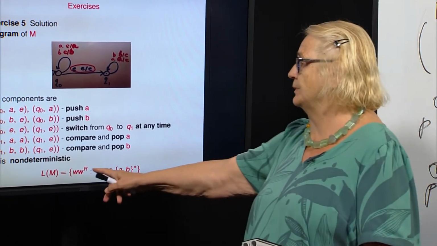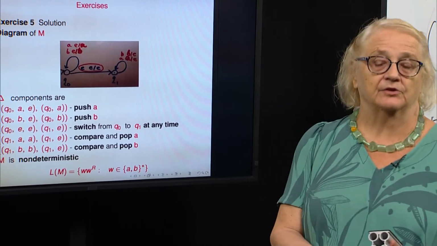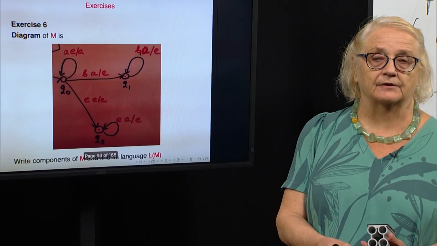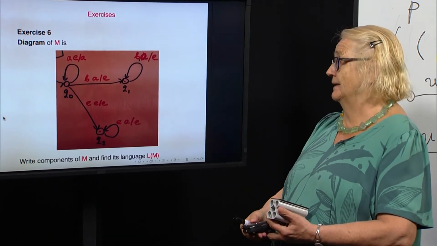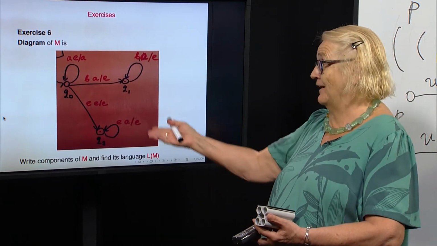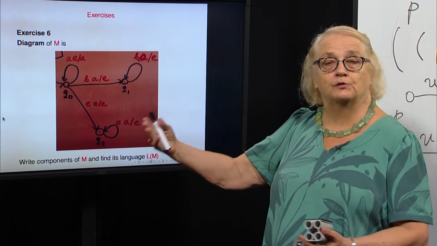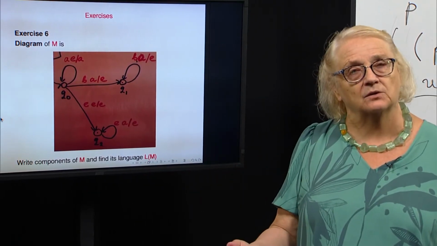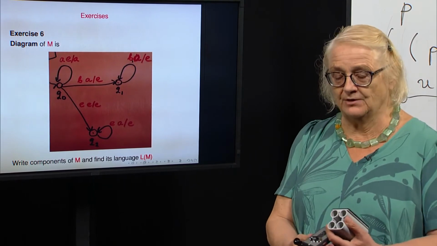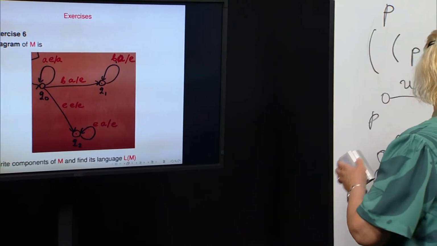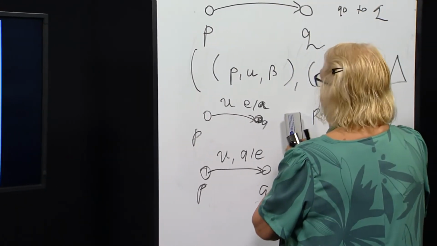So the language will be w w reverse. It is non-deterministic. Now there's another diagram. Find the components. It's good to find components, and I will be asking you to write all those components because you can train yourself to understand what is really going on.